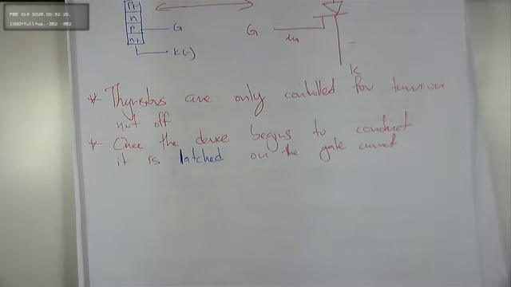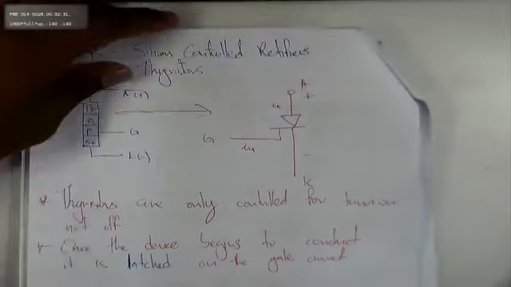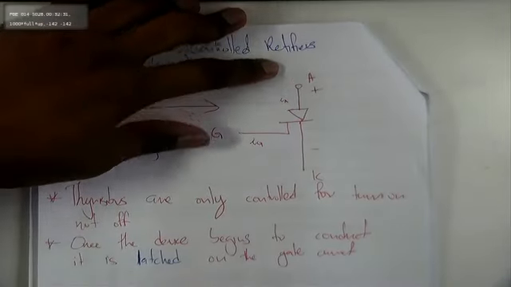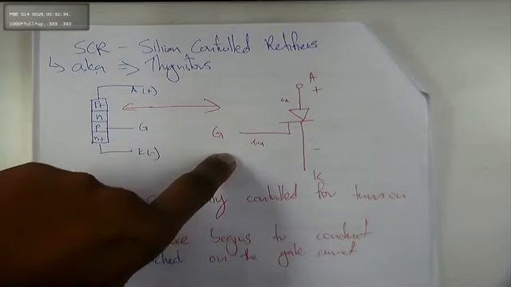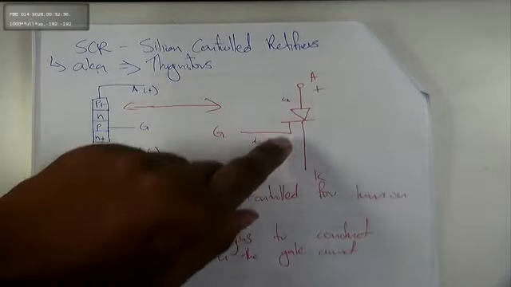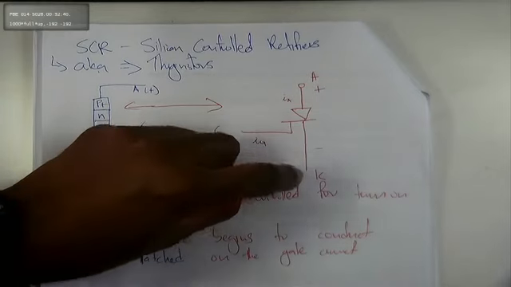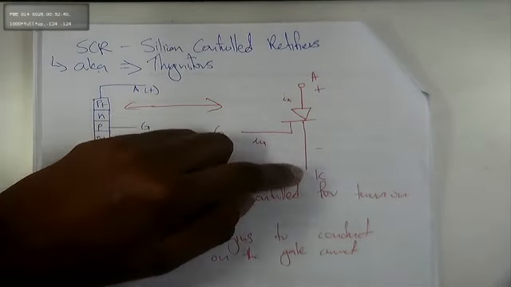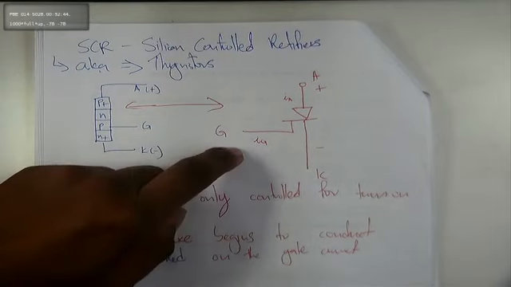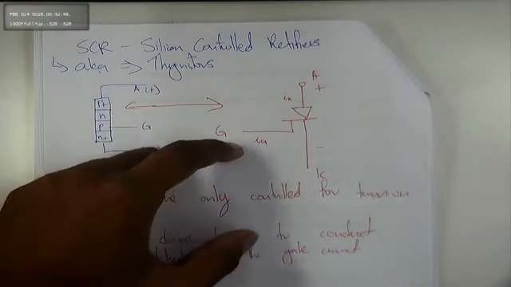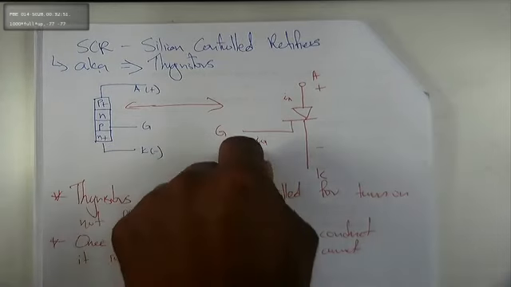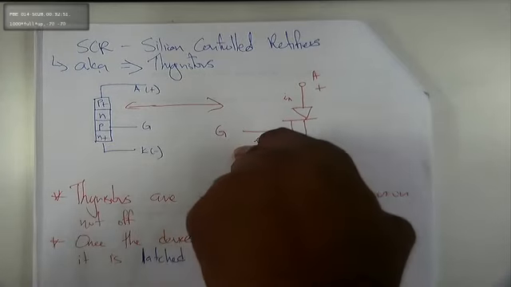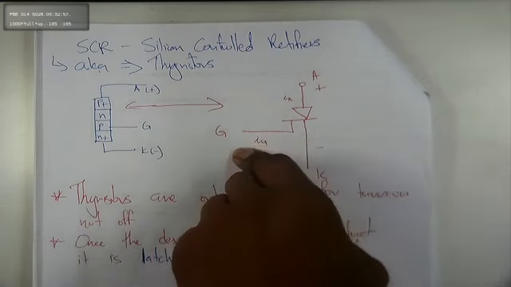What does this mean? Once you turn on your thyristor, once you give a voltage at the anode, then you give a pulse G, right? Once the current starts flowing from A to B, it is independent of the gate pulse. Either the pulse is on or off, it does not care. The current will flow. The current will flow till when?